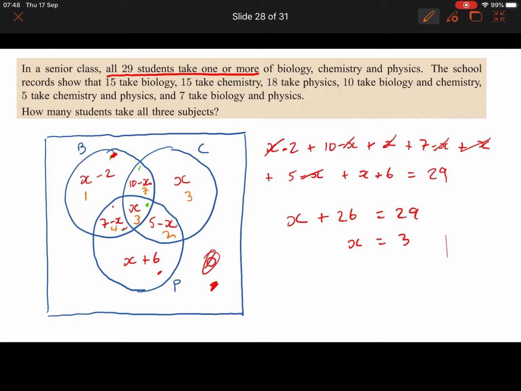This should be 2. And this should be 9. Let's just check all of that adds up to 29. Okay, so I've got 1 plus 7 is 8. Plus 3 is 11. Plus 4 is 15. Plus 3 is 18. Plus 2 is 20. Plus 9 is 29. So I know I got it right.